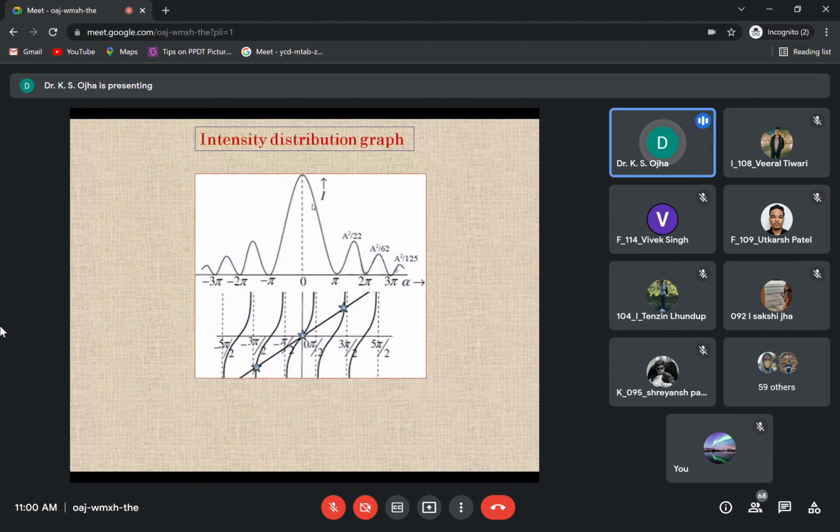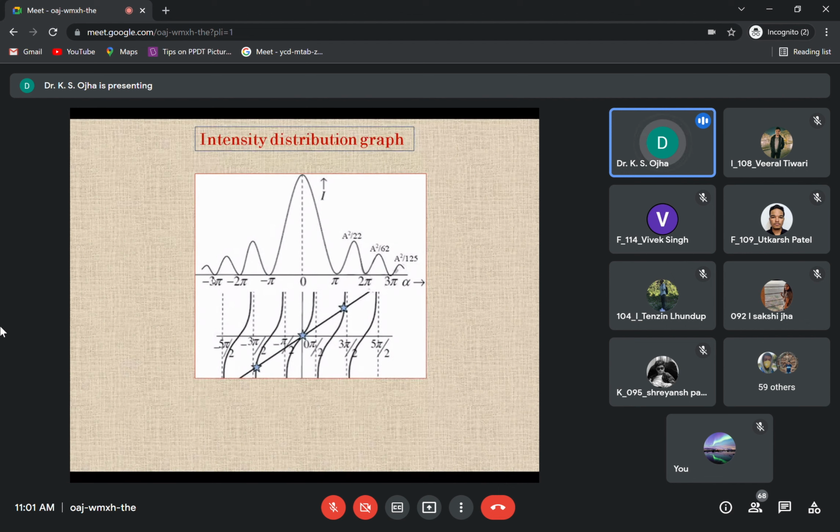At the center O, you get the principal maxima which has the maximum intensity. Now at alpha equal to plus minus pi, plus minus 2 pi, plus minus n pi, you get the minimum. So in the graph, at positions pi, 2 pi, 3 pi, minus pi, minus 2 pi, minus 3 pi, you get the minimum intensity.